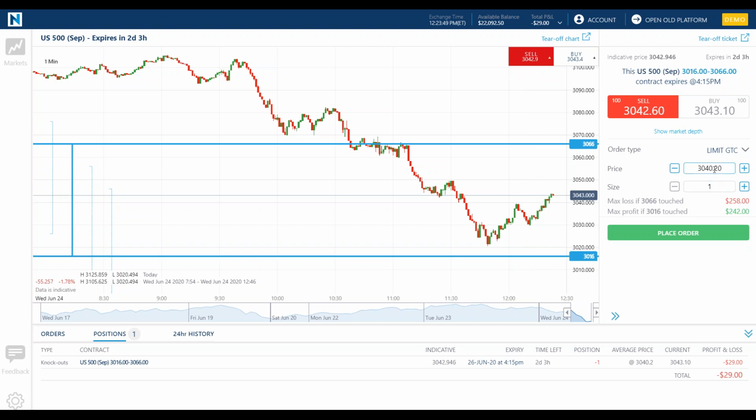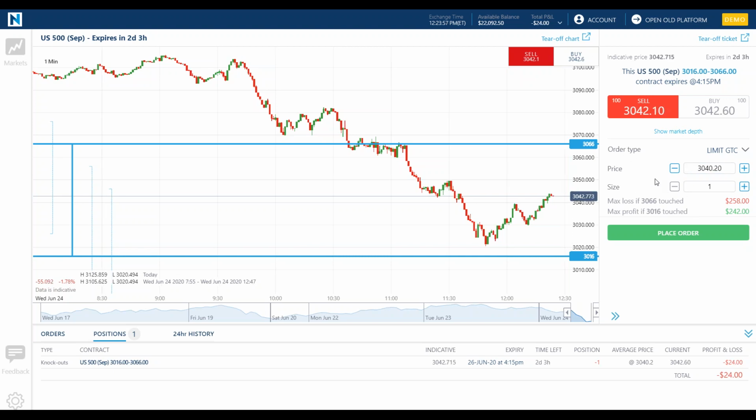Since I sold at 3040.2, if it settles higher than that price, I will have some type of loss. I don't know what that loss will be, but the maximum loss would be $258 because once it hits 3066, I'm knocked out. So if it settles between here and 3066, it'll be some partial loss between where I sold it and where it settles.